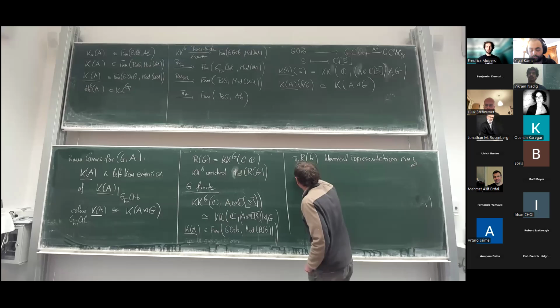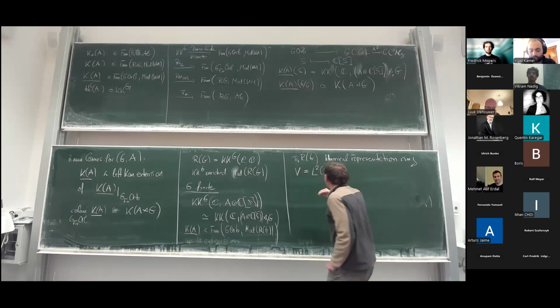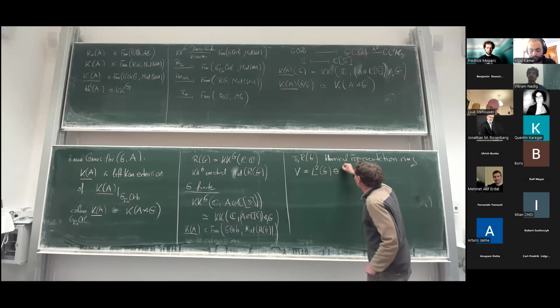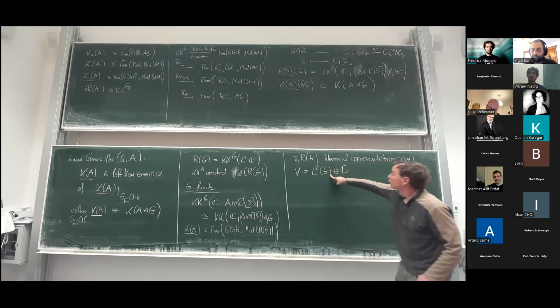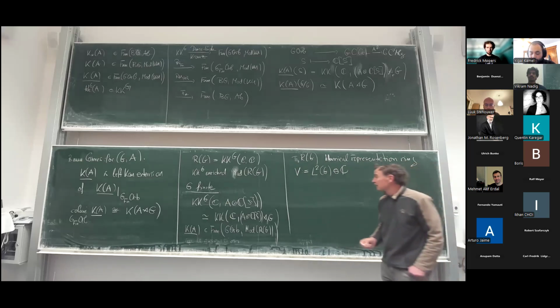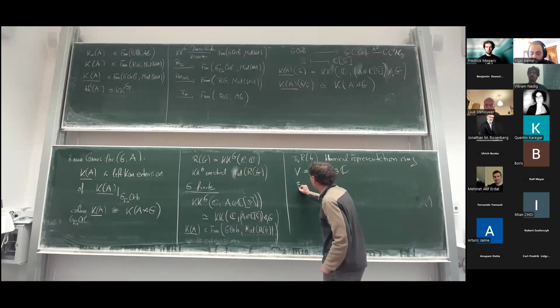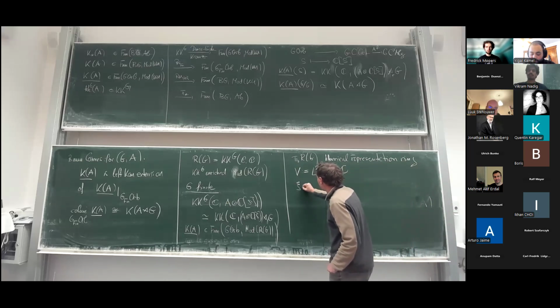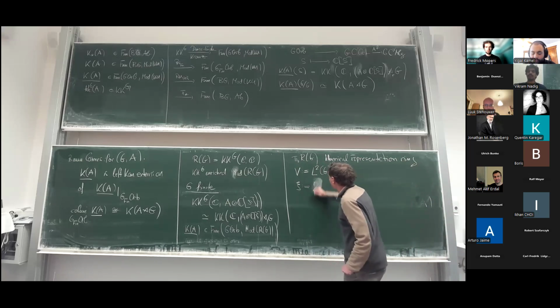So let V be the orthogonal complement of the constant functions. So this is a codimension 1 subspace in L2 of G with the induced G action. And then I consider an element psi, which is defined as a sum.